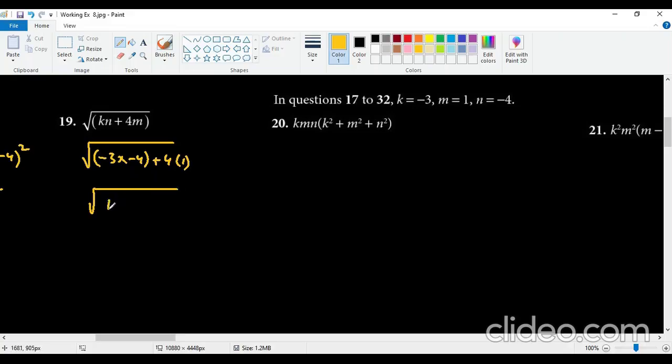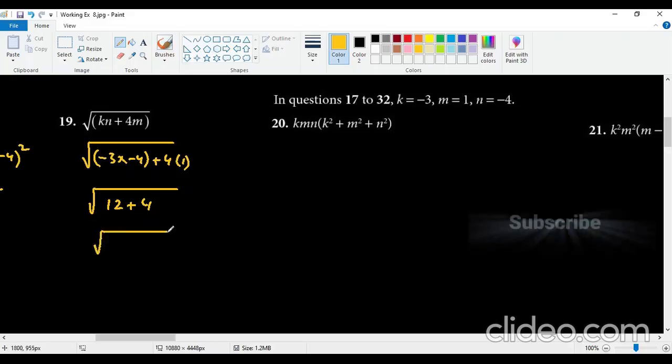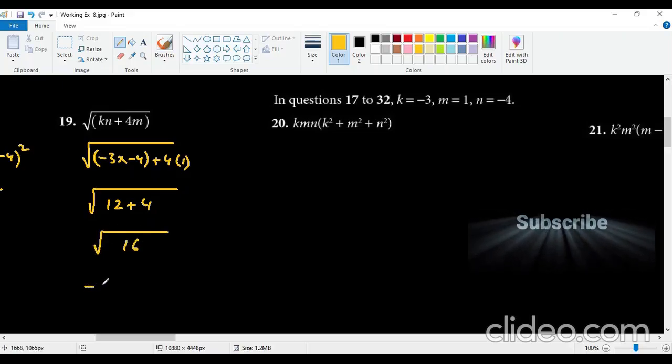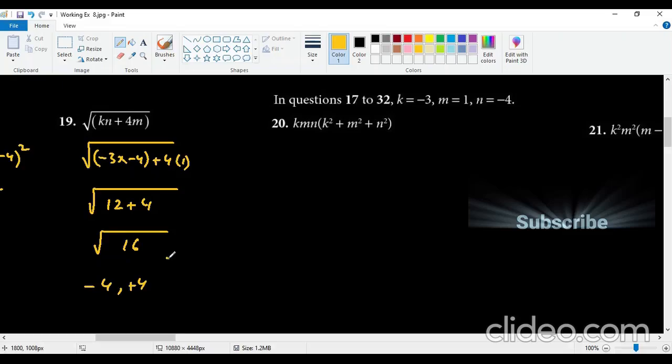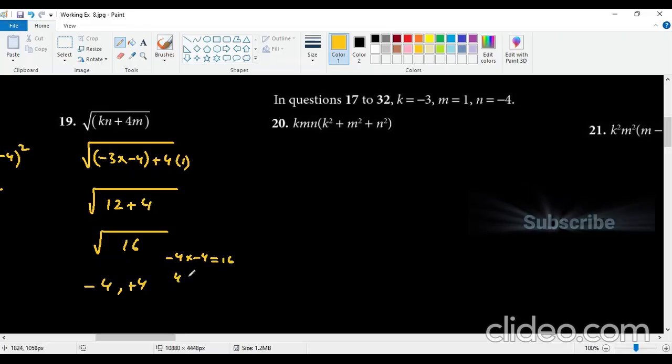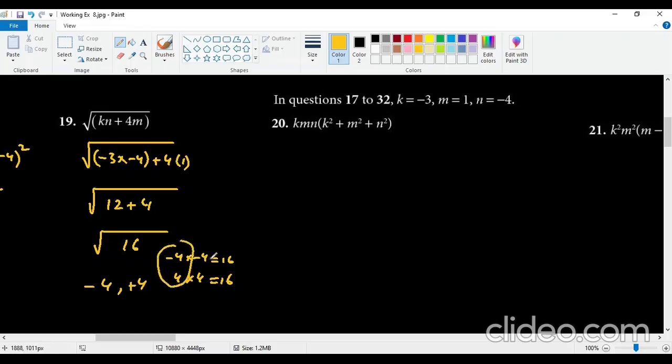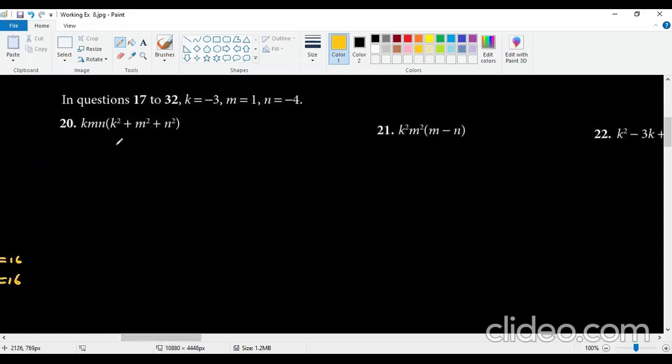Now under the root you have plus 12 plus 4, which is going to give you under root 16, and the final answer is going to be negative 4 and positive 4. Why? Because negative 4 times negative 4 is going to give you a positive 16, and plus 4 times plus 4 is also going to give you a 16. So in questions like this where you have under root, you should put a negative 4 and plus 4.